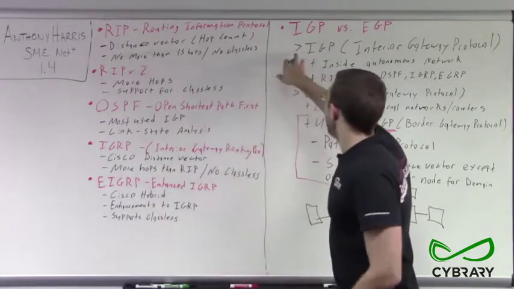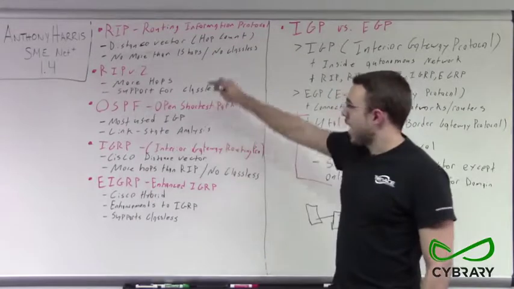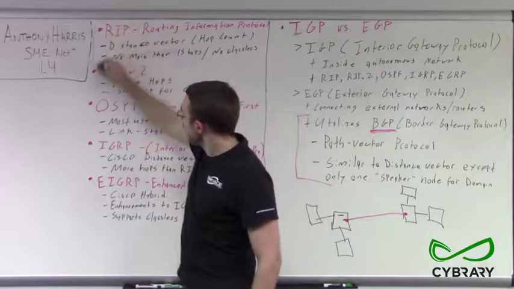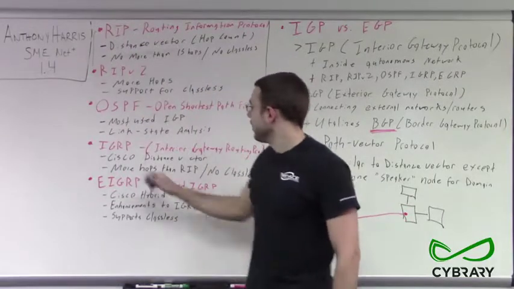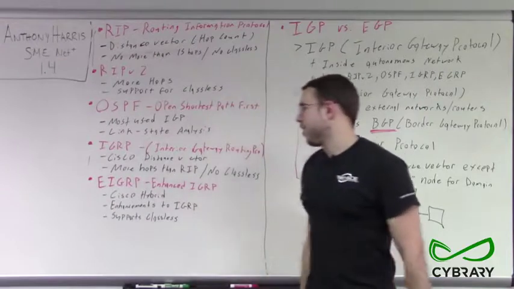They're going to use an IGP, an Interior Gateway Protocol. We have 5 Interior Gateway Protocols listed up here: RIP, RIP version 2, OSPF, IGRP, and eIGRP.